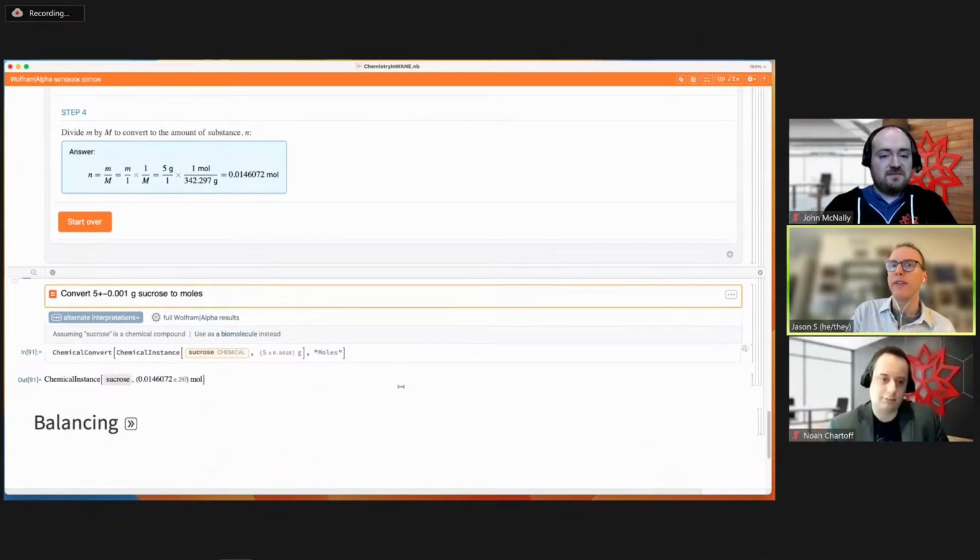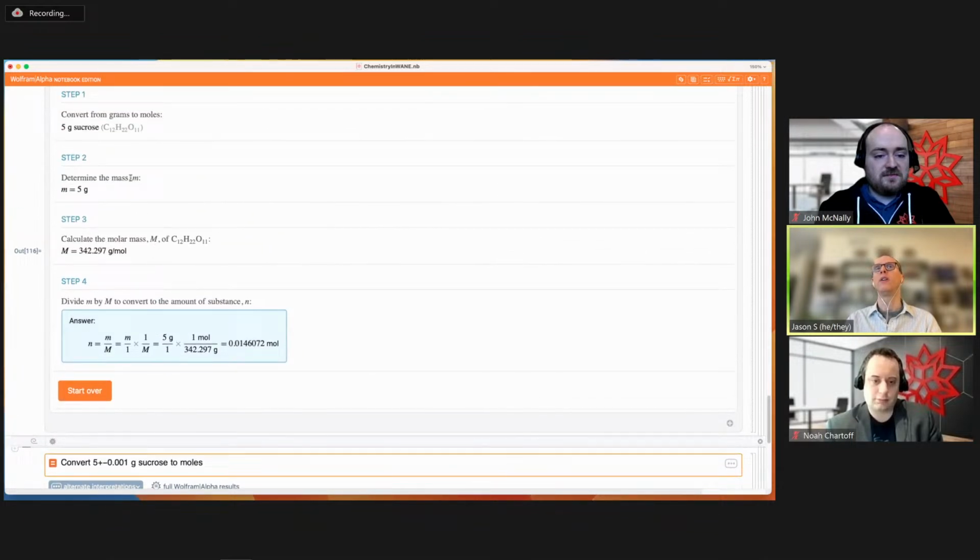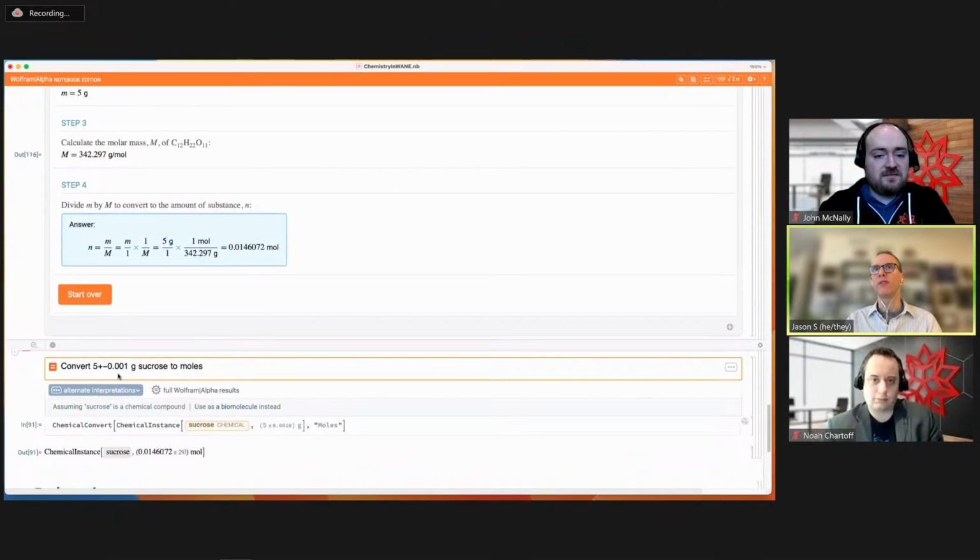Now, as I said, with significant digits, the system recognizes what's going on with the information that you give it. So before we gave it 5.0, here we're going to be more specific. I know that I measured 5 grams on a milligram balance, and so my error bars, the error in that measurement, is plus or minus 1 milligram.